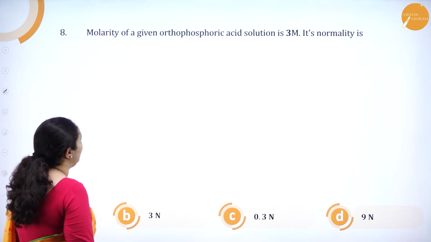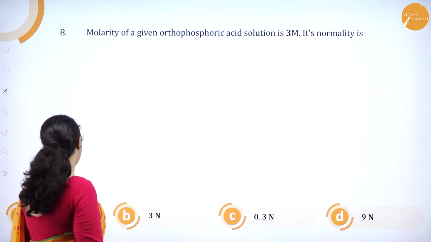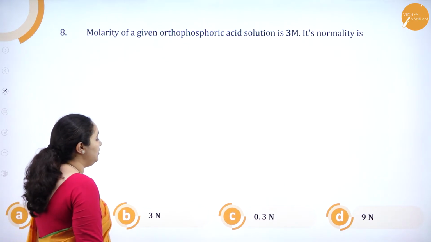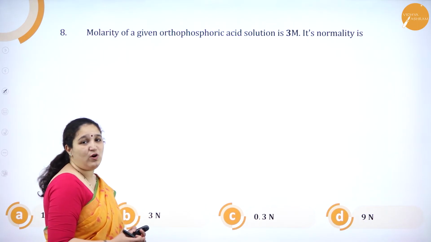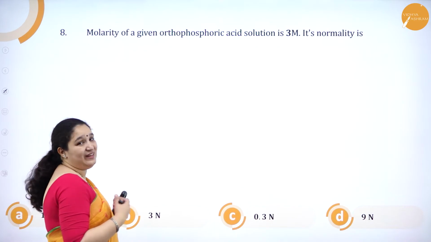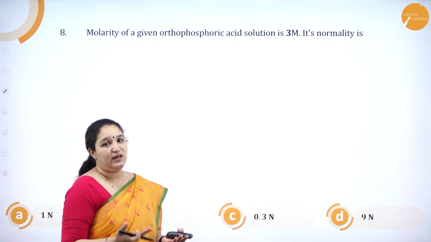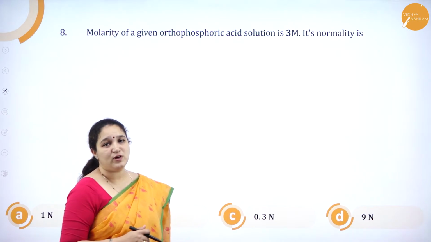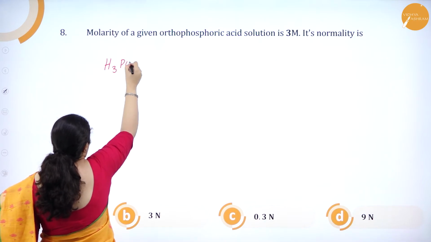Molarity of the given orthophosphoric acid solution is 3 molar. Its normality is 1 normal, 3 normal, 0.3 normal, 9 normal. So you have to just know the formula to convert molarity to normality. Normality is equal to basicity of the acid into molarity, and orthophosphoric acid is H3PO4.